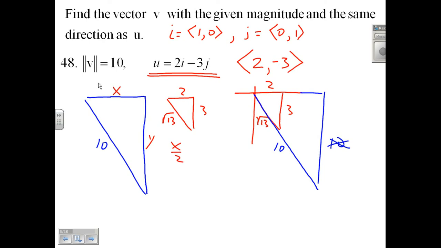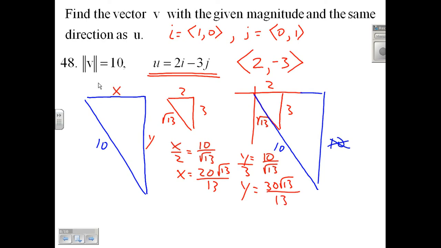X is in the same position as 2, while 10 is in the same position as root 13, giving us x equals 20 root 13 on 13, while y is in the same position as 3, and 10 is in the same position as root 13, giving us the y component of 30 root 13 on 13.